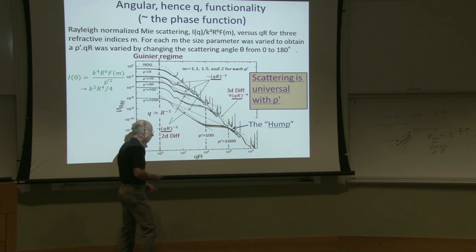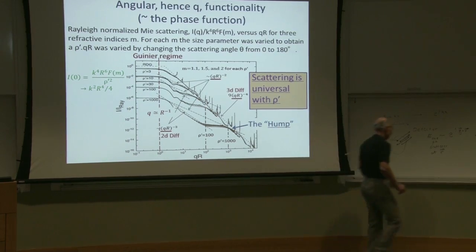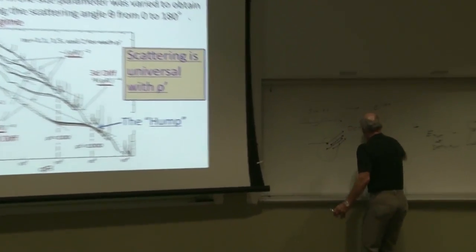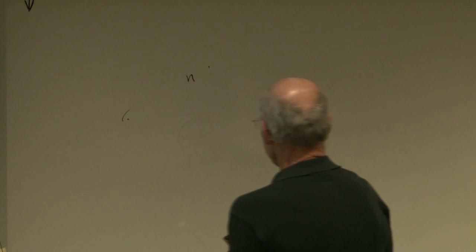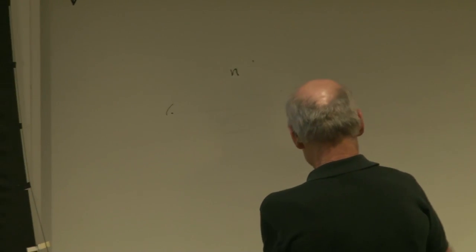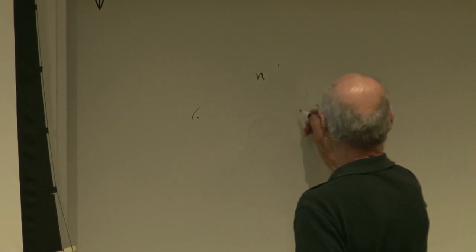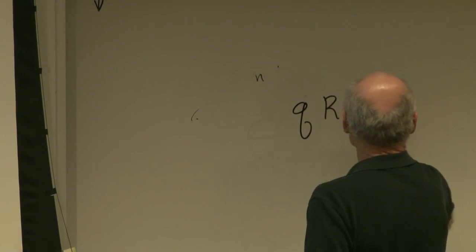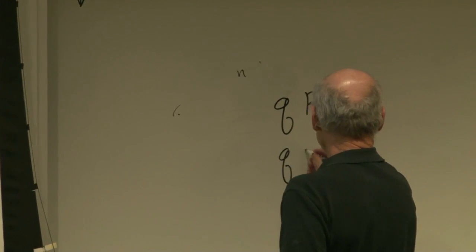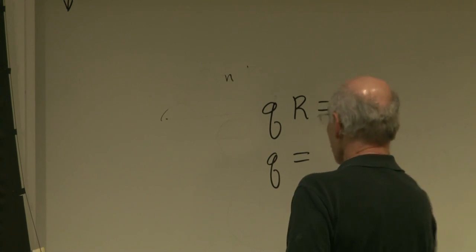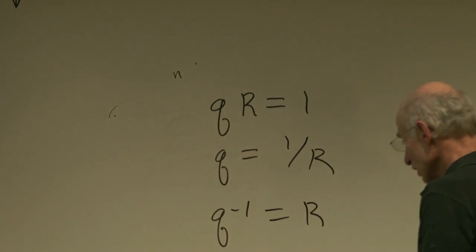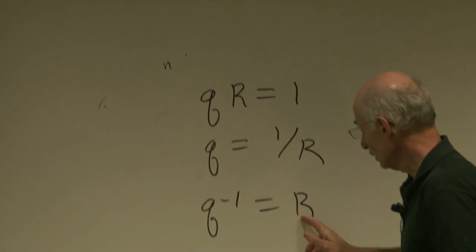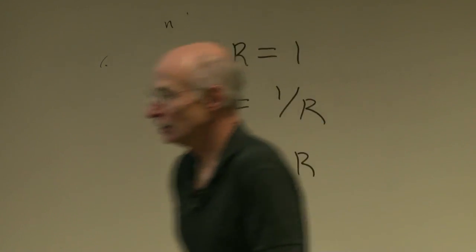Let's remember that if QR equals 1, so when QR equals 1, Q is 1 over R, or you could say Q to the minus 1 equals R. So we've managed to detect the size of the particle.